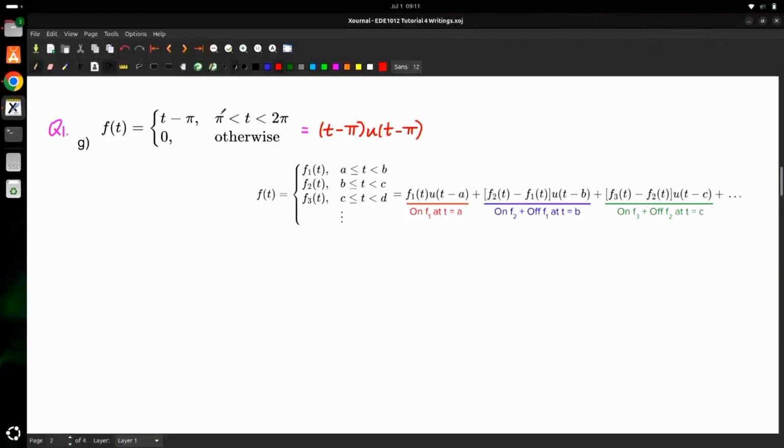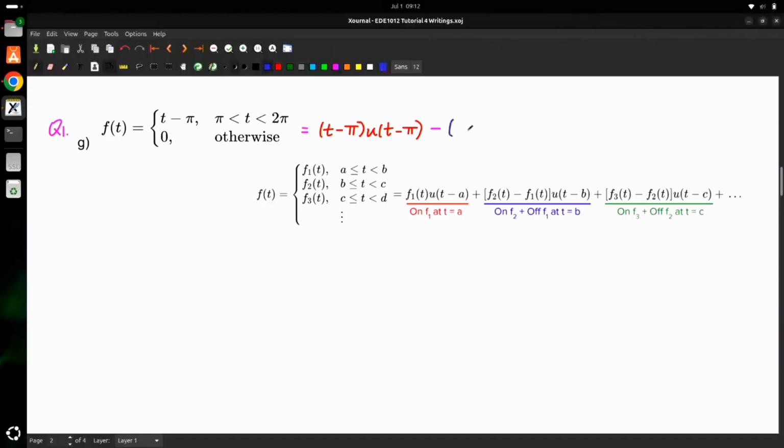So therefore this guy is 0, then you just have to add. But if this is 0, then your f2 is 0, so you have to subtract f1. So that means this is just a minus, because it's 0 minus. So you've got to turn off.